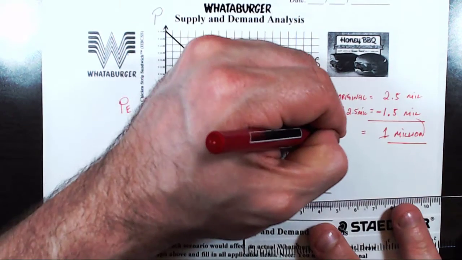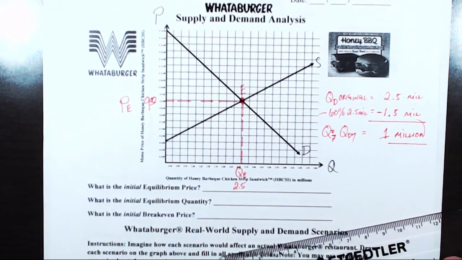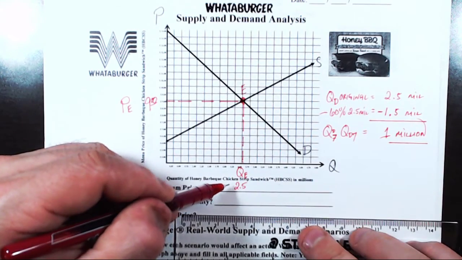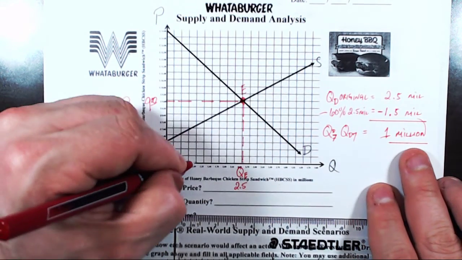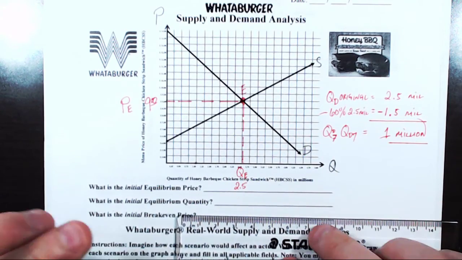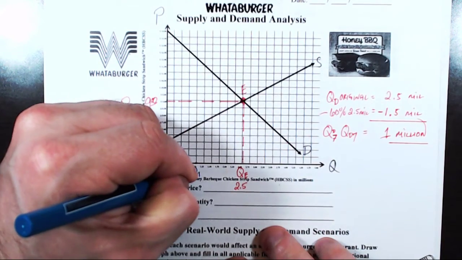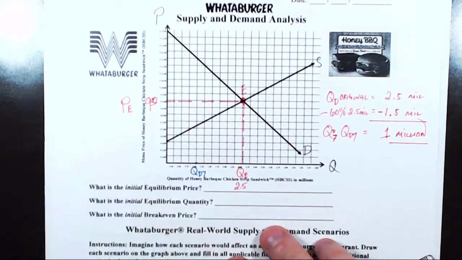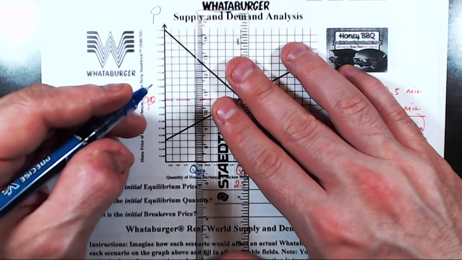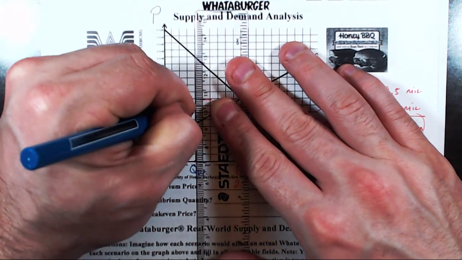Right? I should have written quantity demanded 7. I don't know if I've been consistent with that, but that's what you should be doing. All right, so now we're going to go down to 1 million on our quantity right there. And we will draw in our new point. So this is our quantity demanded 7, and we'll draw in our new quantity demanded and see where it passes that price line.